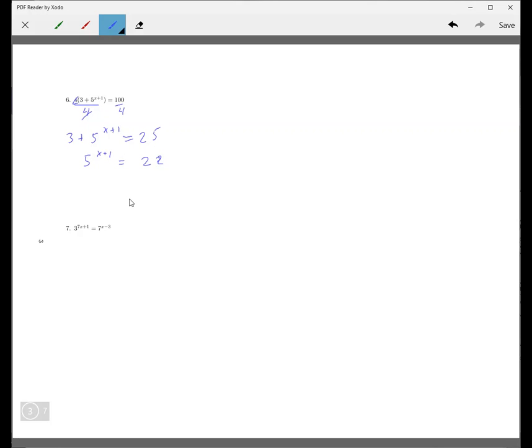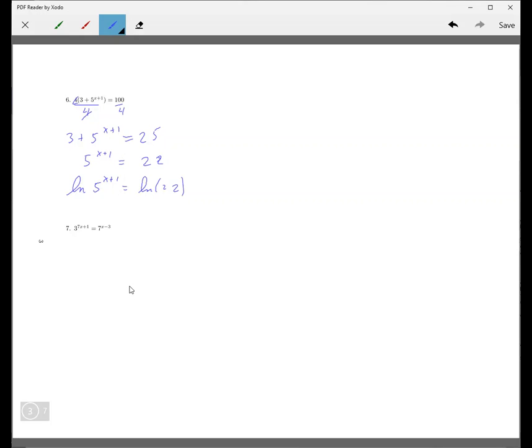Okay, now you want to take logarithms of both sides. And here's where it gets a little bit more interesting, because you can go log base 5, but usually people are going to go the natural log. Okay, so let me show you what happens when you do natural log.